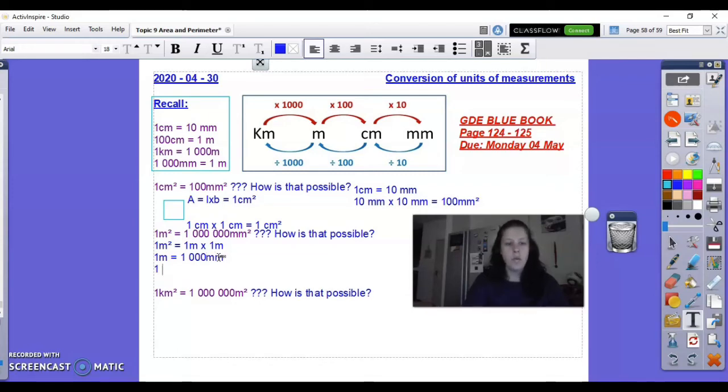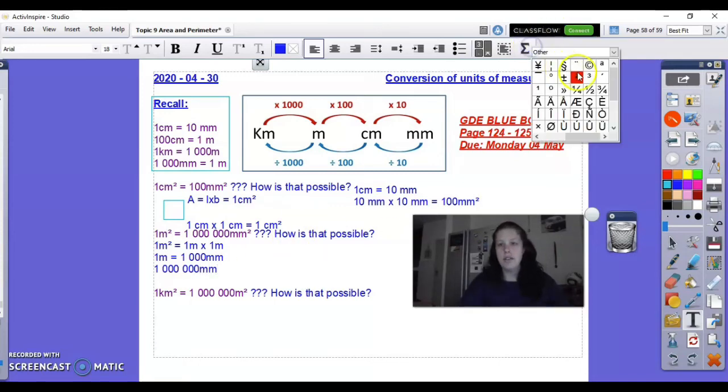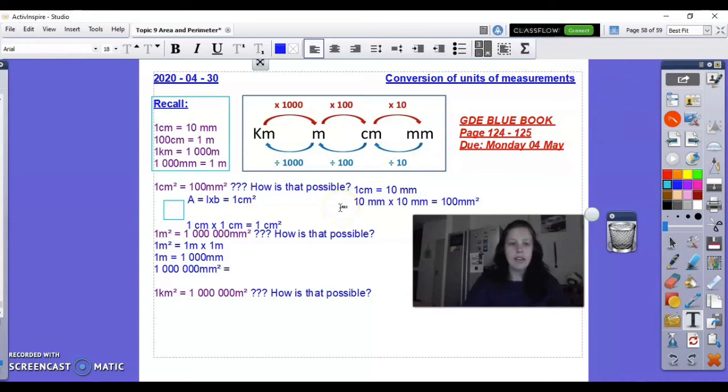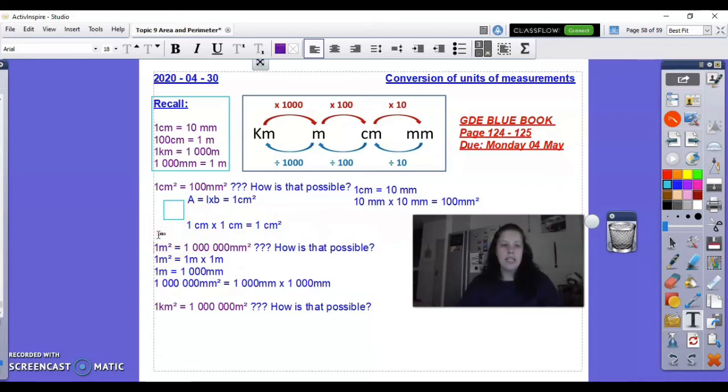So therefore, 1 million millimeters squared, which is the area of a square, would give me 1,000 millimeters times 1,000 millimeters. And so I've just proven to you that 1 meter squared is in fact equal to 1 million millimeters squared.